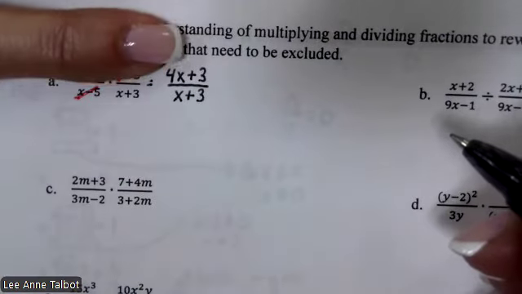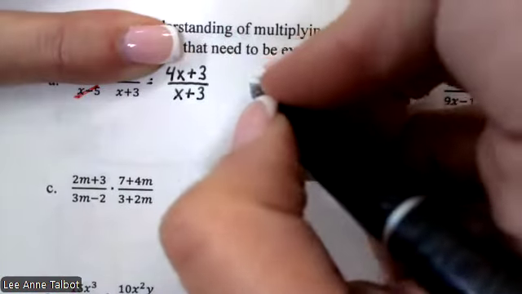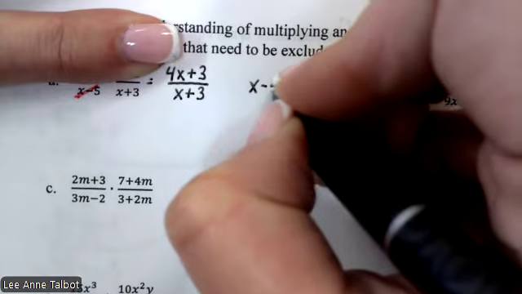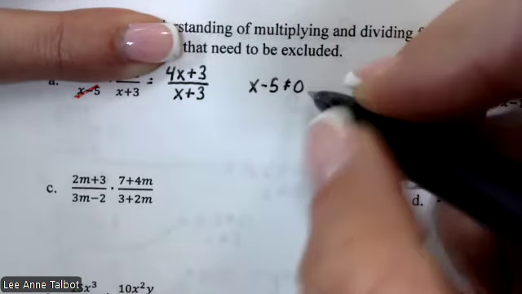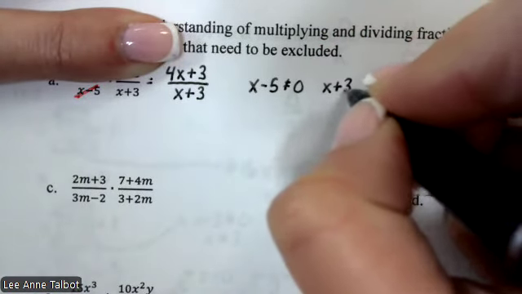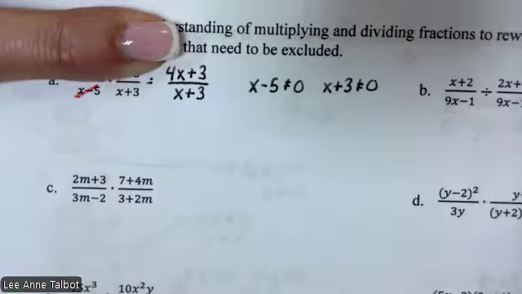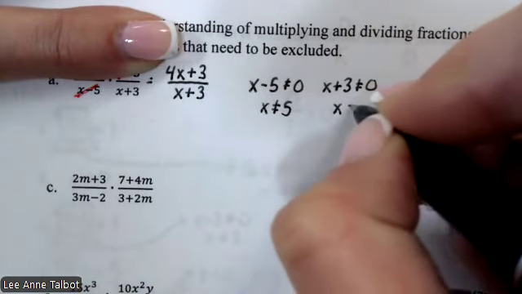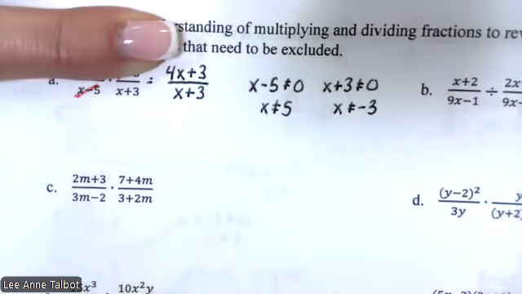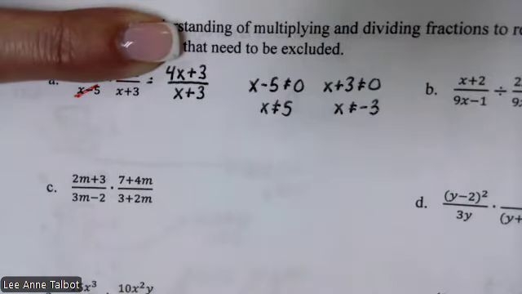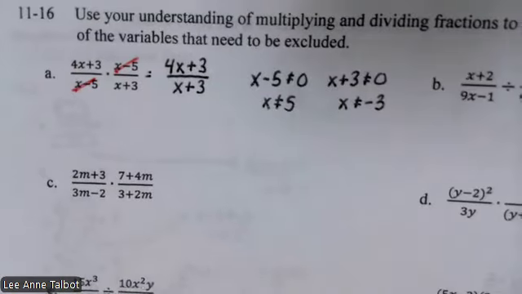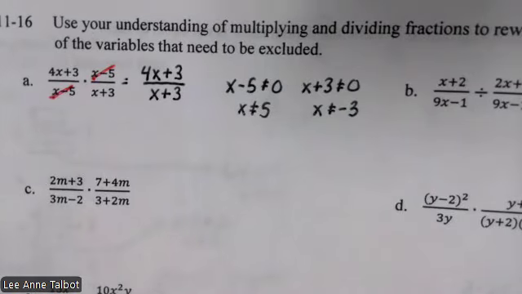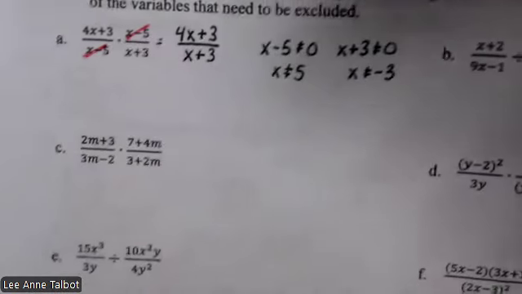So I'm going to cover up the numerators and I'm going to say X minus 5 cannot equal 0. X plus 3 cannot equal 0. X cannot equal 5. X cannot equal -3. Then you guys know that those both came from the denominator.